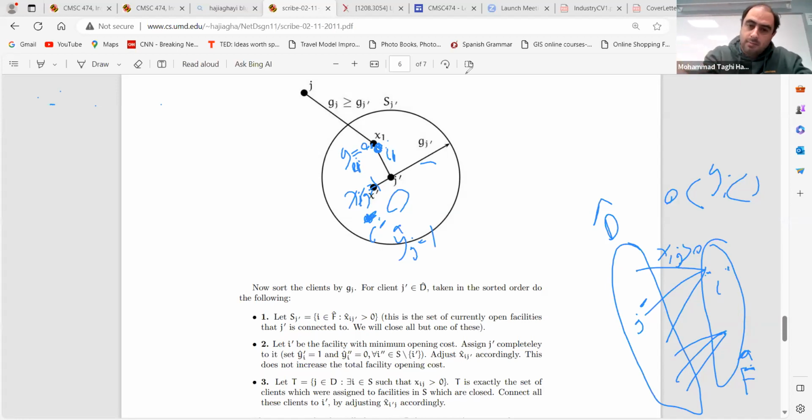The problem is that maybe some other demand J is connected to this guy, so X of I1 J is greater than 0. But because we are sorting the facilities in D hat, we know that Gj should be greater than or equal to Gj prime. That is very important.